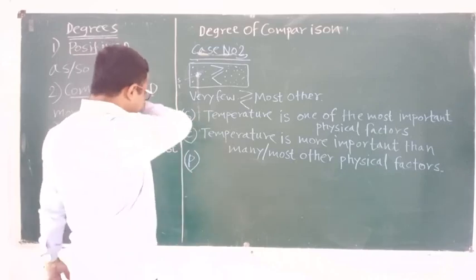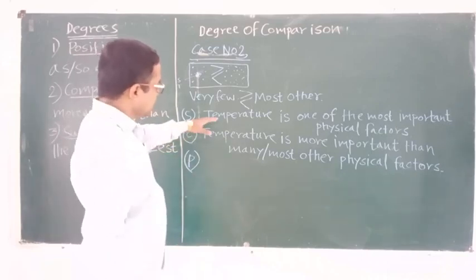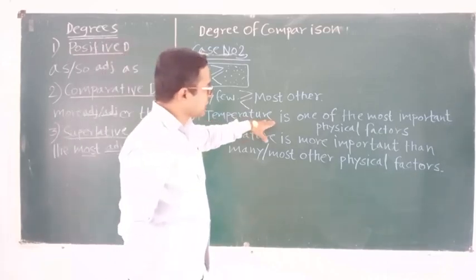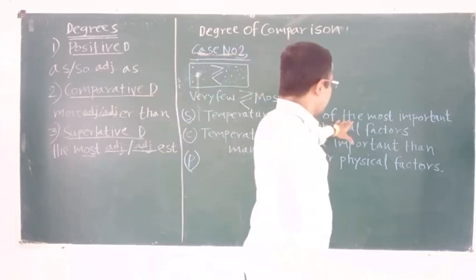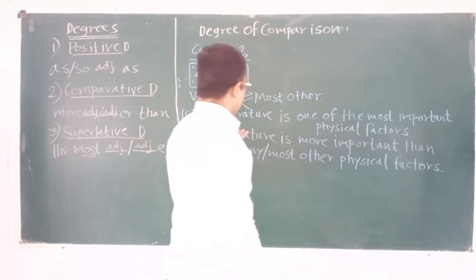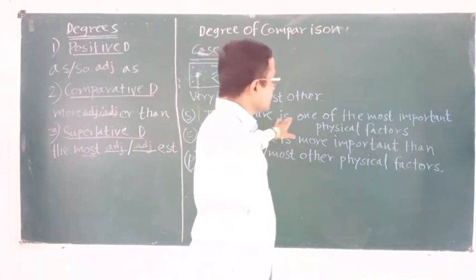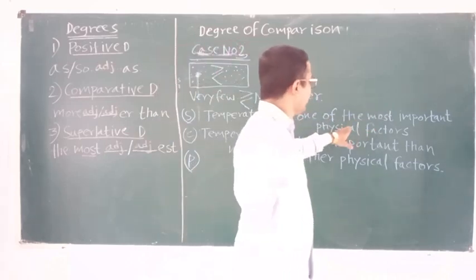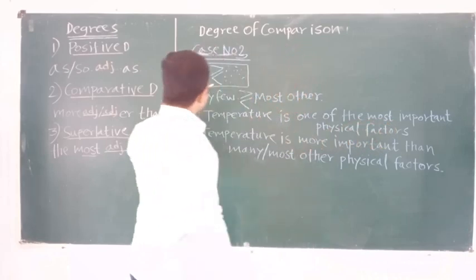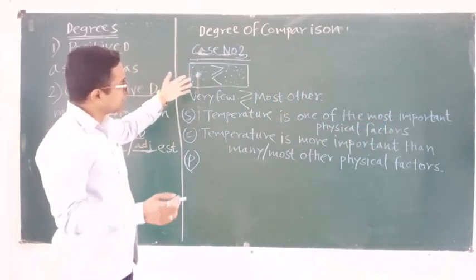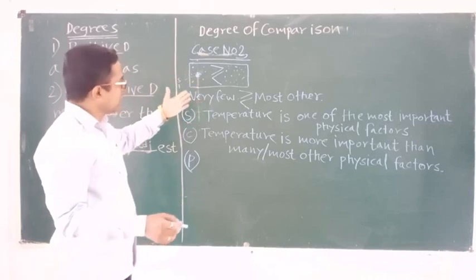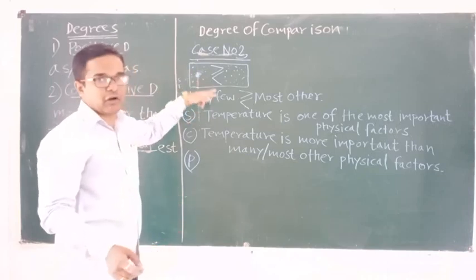Now in the first sentence in superlative degree, one of is used. Temperature is one of the most important physical factors. Means there are many other physical factors important, but temperature is one of them.